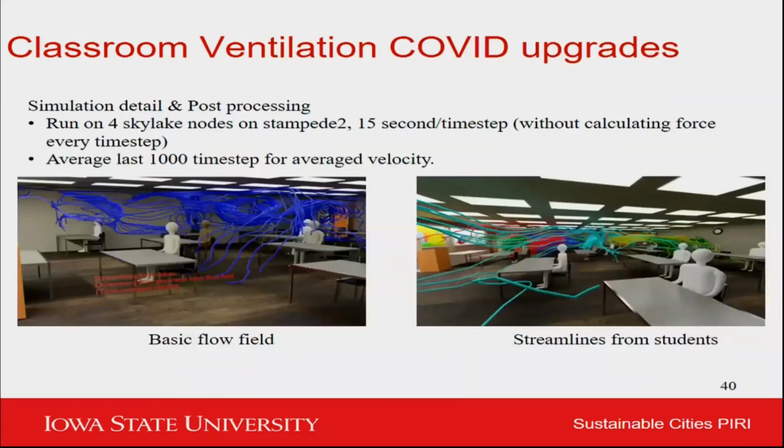And hopefully by the end of the next year, we'll have a tool which can combine the microclimate with the indoor air distribution, and school operation officers or personnel can use that to assess their energy needs for upgrading school buildings for COVID ventilation requirements.